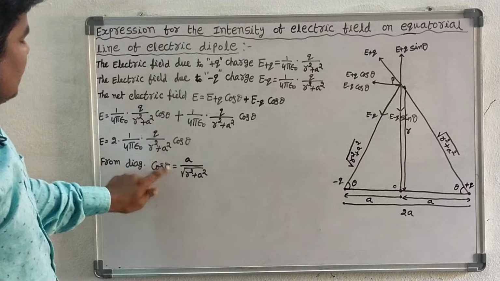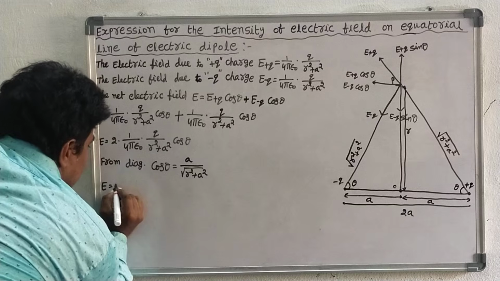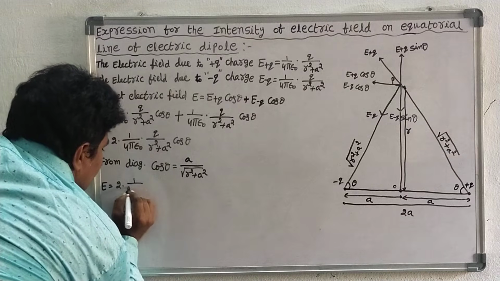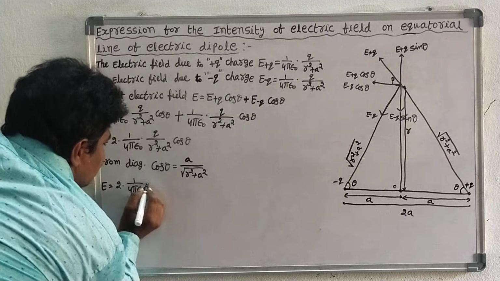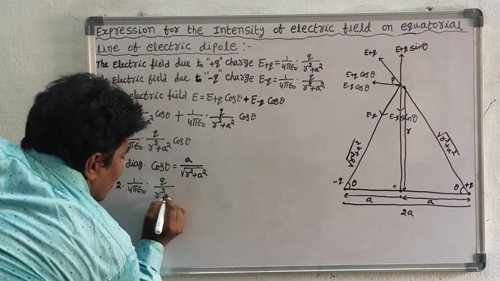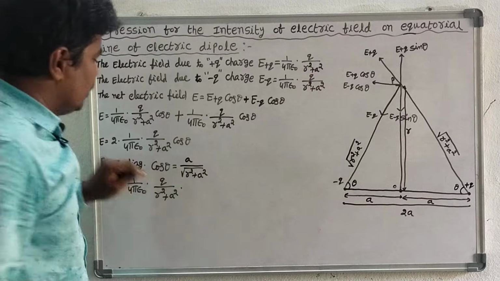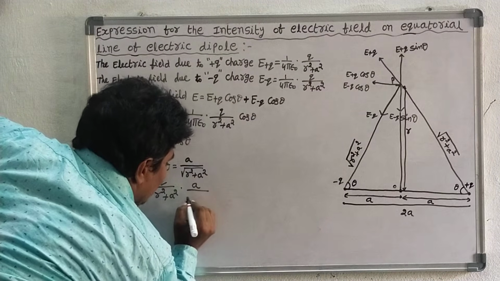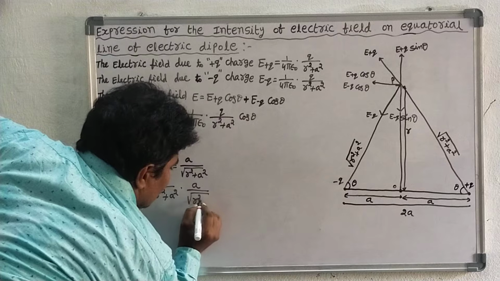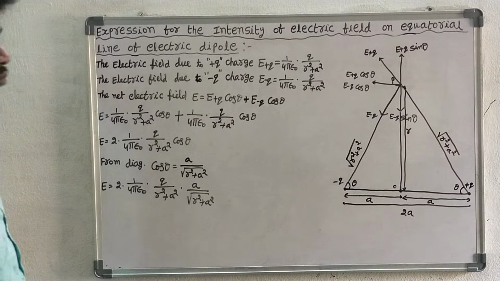We substitute this value in this formula. So E is equal to 2 into 1 by 4 pi epsilon naught into q by r square plus a square into cos theta value, a by root of r square plus a square.